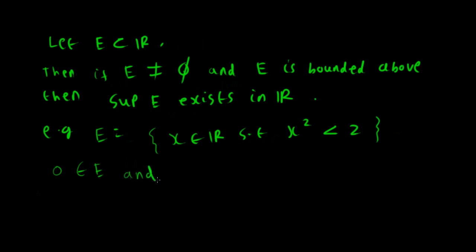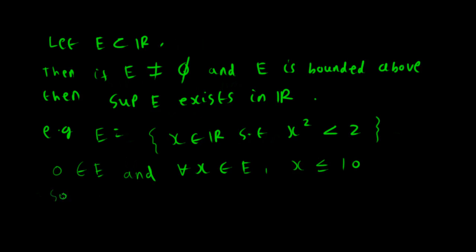And, well, let's have a look here. For every x in E, we can say that x is less than or equal to, say, 10. Because we want x squared to be less than 2, so certainly x has to be less than or equal to 10. So it is bounded above by 10, and it's non-empty.